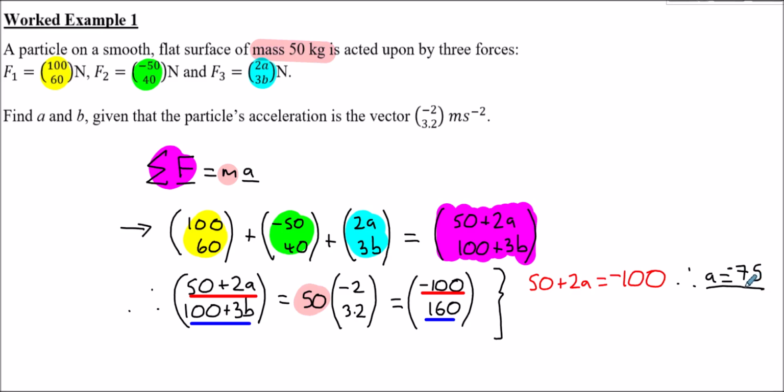And in the same way, looking at b here, we've got 100 plus 3b equals 160. So now if we subtract 100 from both sides and divide by 3, we can hopefully see that b would have to be 20.